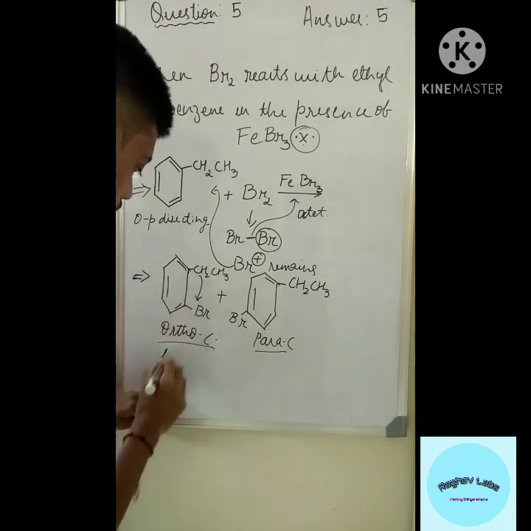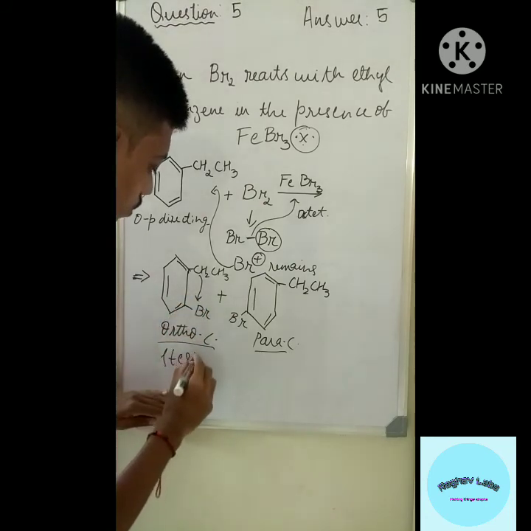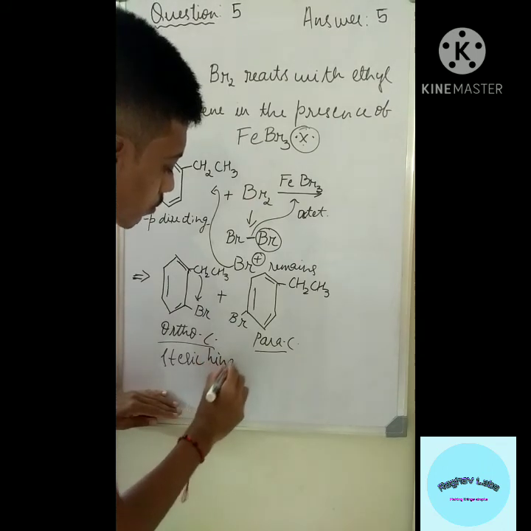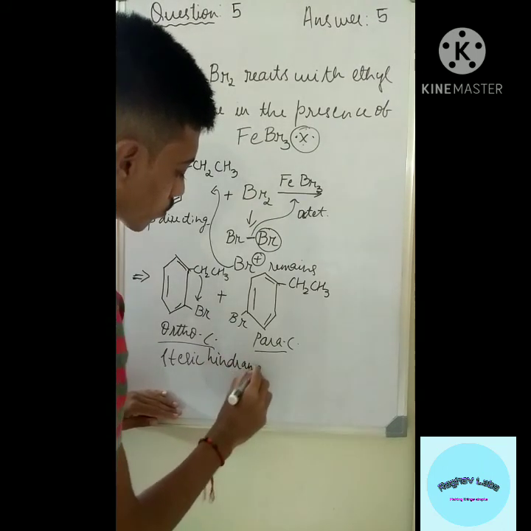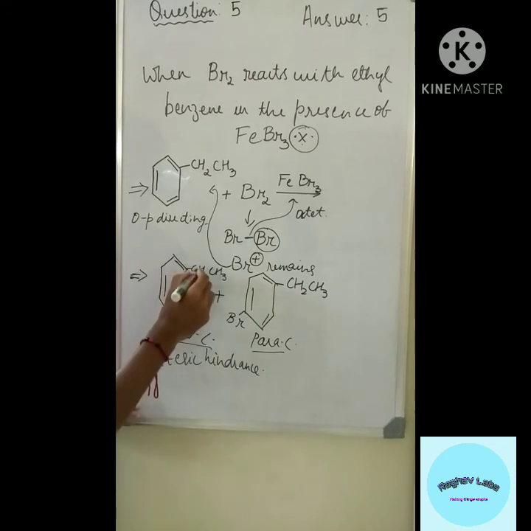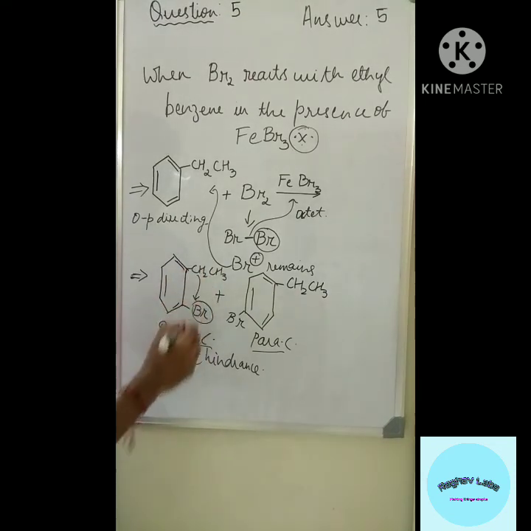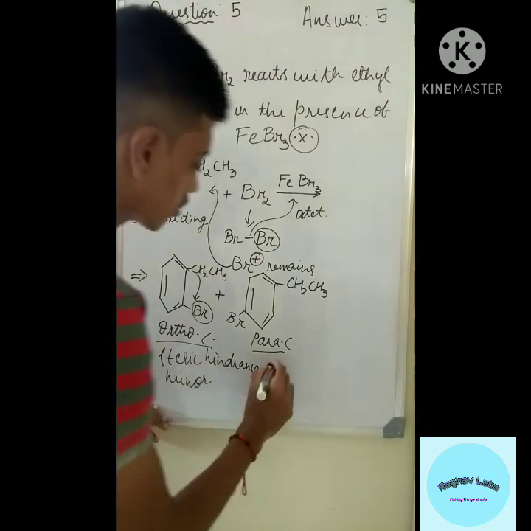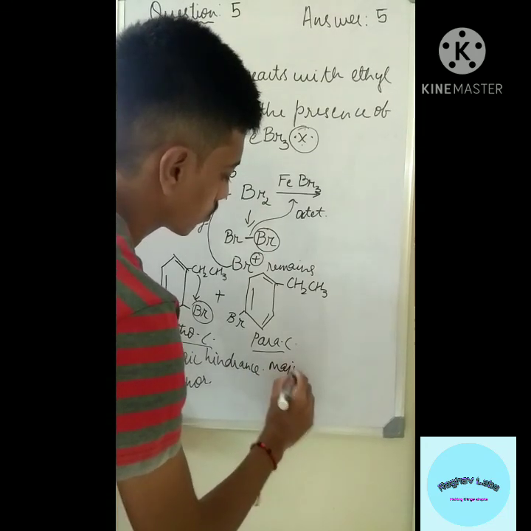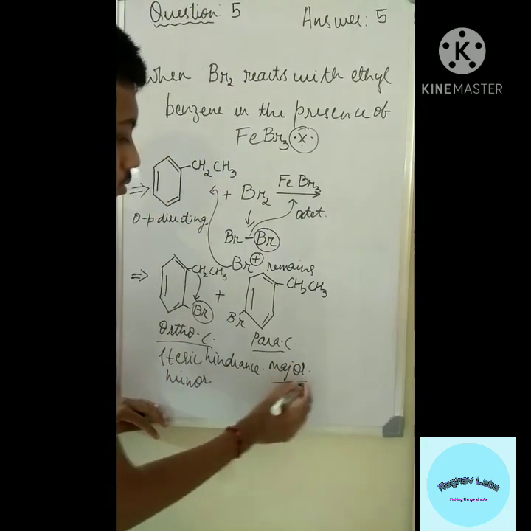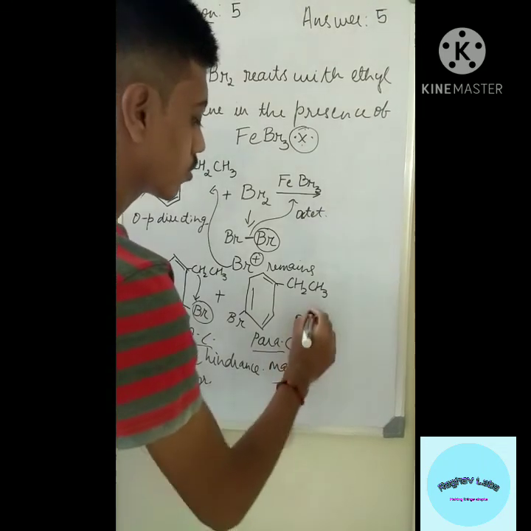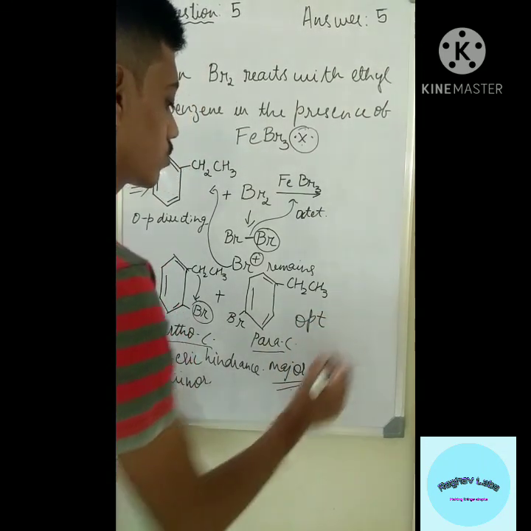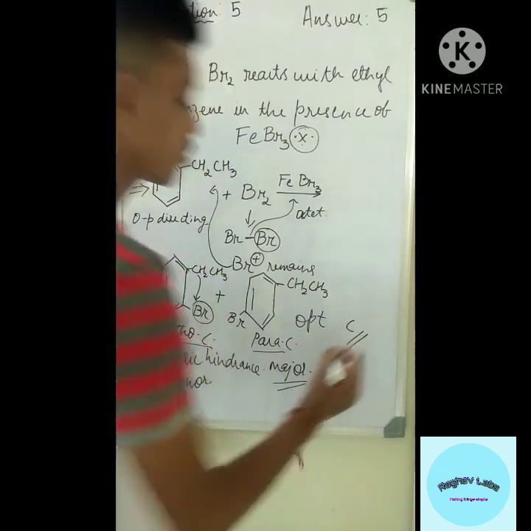So here in the ortho compound we have steric hindrance, right? So this ortho compound is not much favored, which means this ortho compound becomes the minor product, right? And in this para compound, there is no steric hindrance or it's very less, which is the major product. So the option is C.